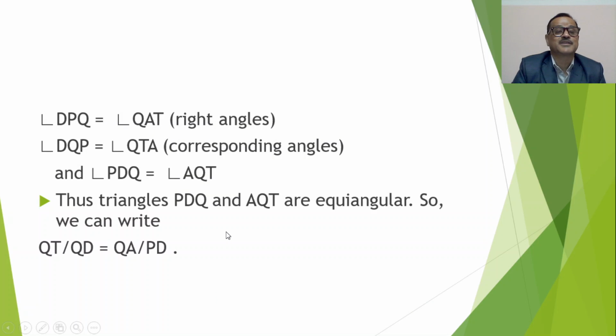According to the trigonometric rules, thus triangles PDQ and AQT are equiangular.